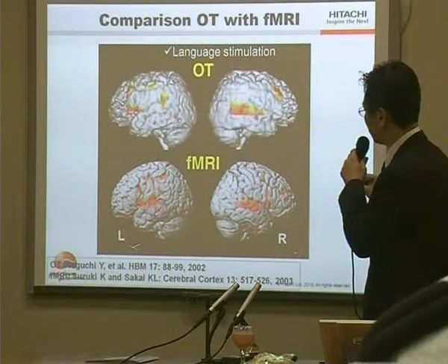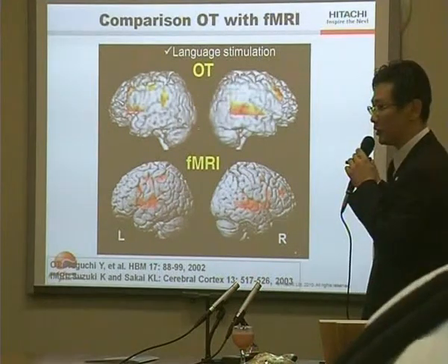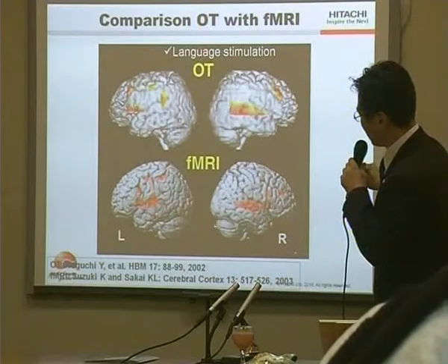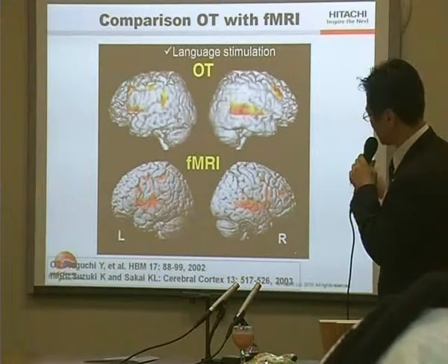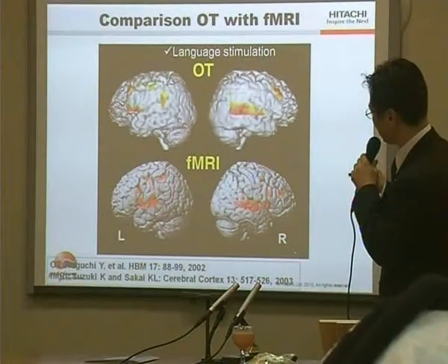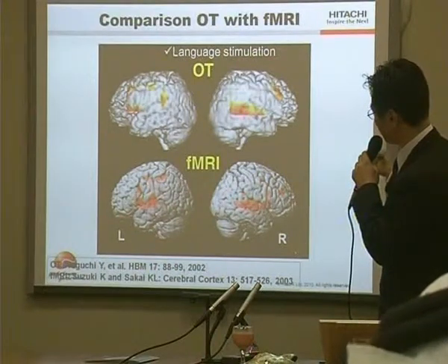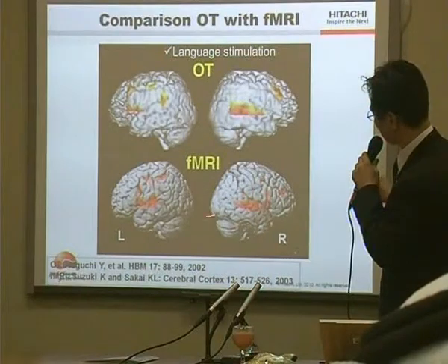Finally, we got a very similar image between optical topography and functional MRI. Maybe this result has an impact, because functional MRI is one of the fingers of neuroimaging, but optical topography can get a similar image.